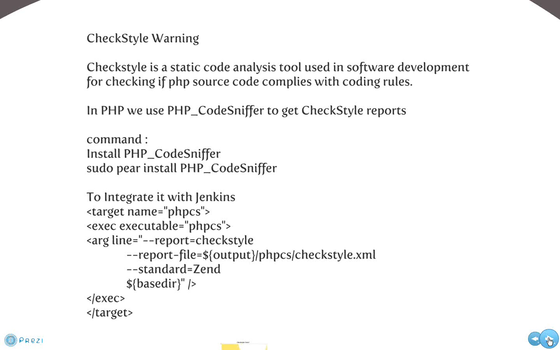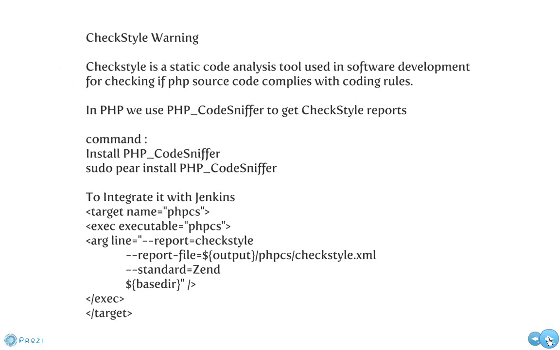So this is a Checkstyle warning. Basically, what is Checkstyle? Checkstyle, as it defines, is a static code analysis tool used in software development for checking if the PHP source code complies with the coding rules. Basically it checks whether your developer is following the coding rules.